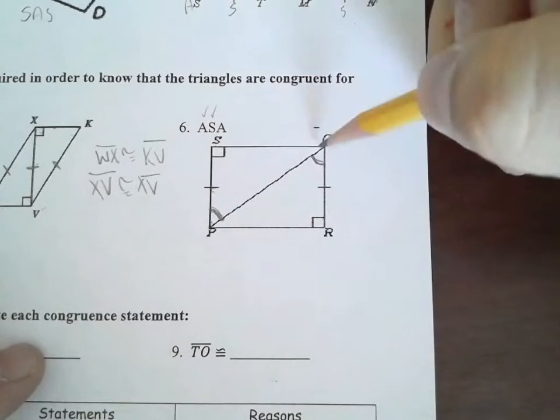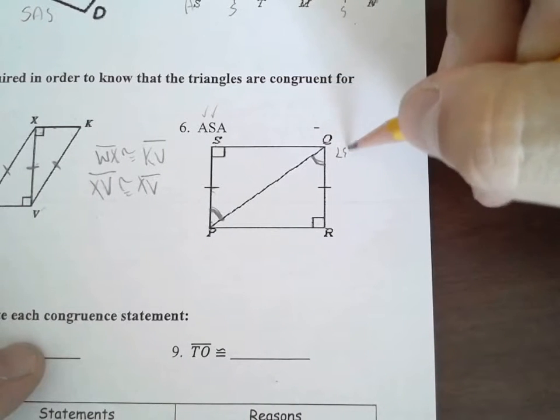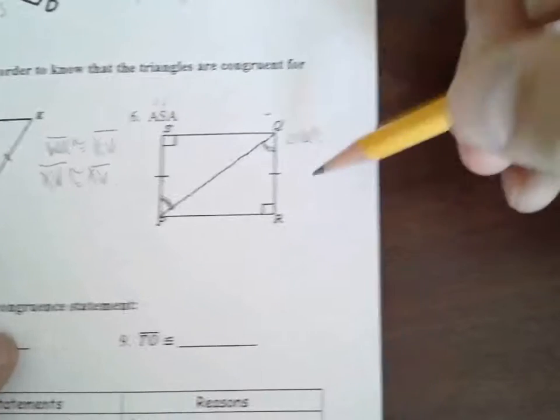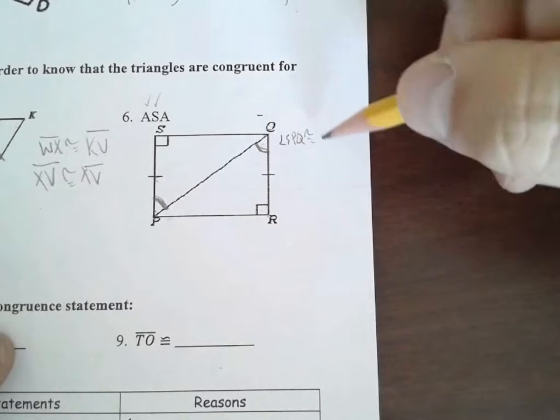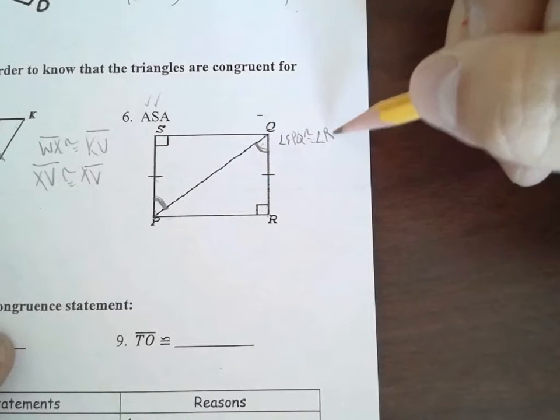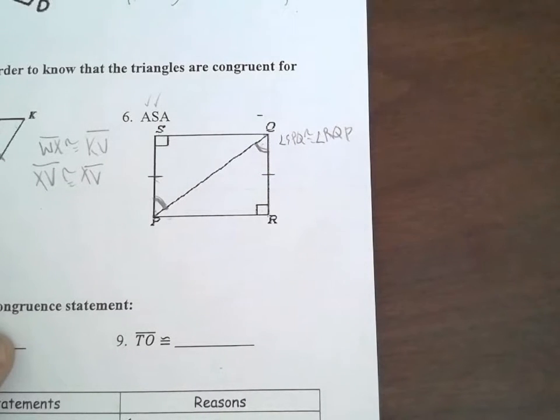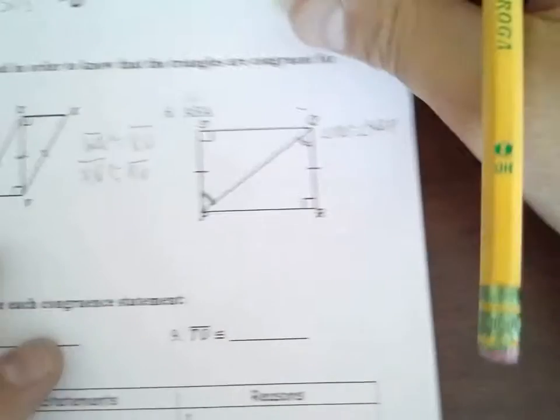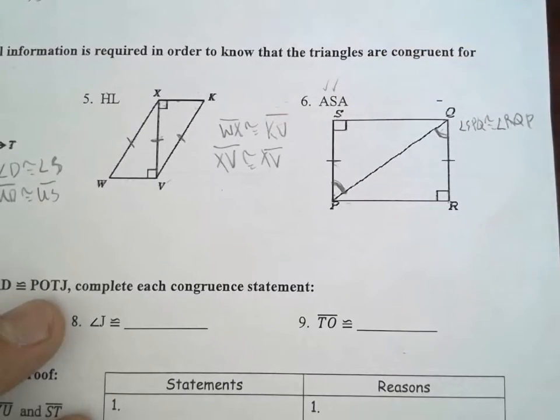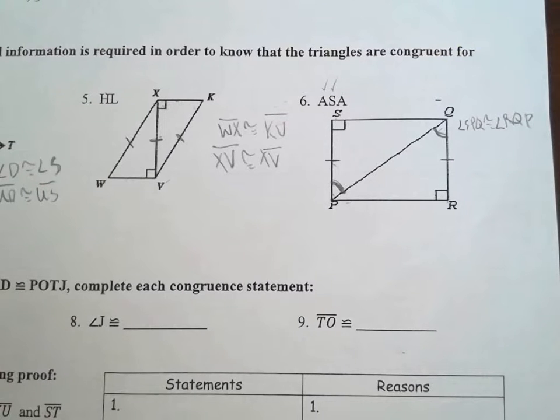That's going to be angle SPQ congruent to angle RQP. Okay, and that's it. So most missed questions, not hard. You get to add what you need. So just be careful with it.